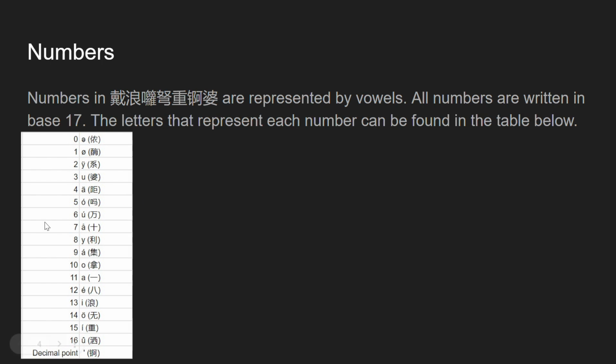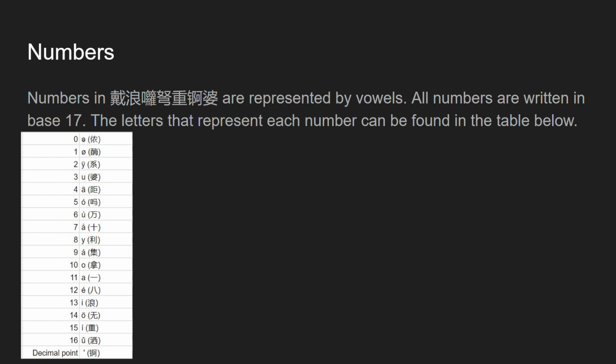So you have representing 0, 1, 2, 3, 4, 5, 6, 7, 8, 9, 10, A representing 11, A representing 12, I representing 13, I representing 14, E representing 15, I representing 16, and then the decimal point is represented by the glottal stop.